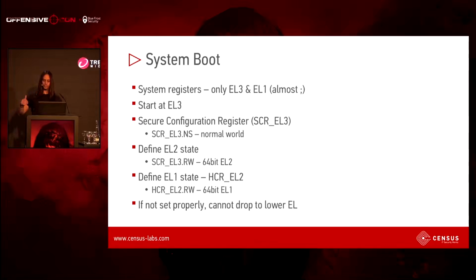Define EL2 state as a 64-bit EL2 in the same system register. And we have to define EL1 state in the hypervisor configuration register. These values are required along with some reserved bits, and if we fail to set them properly, at least in the QEMU environment, we cannot drop to lower execution levels, as we're going to see next.